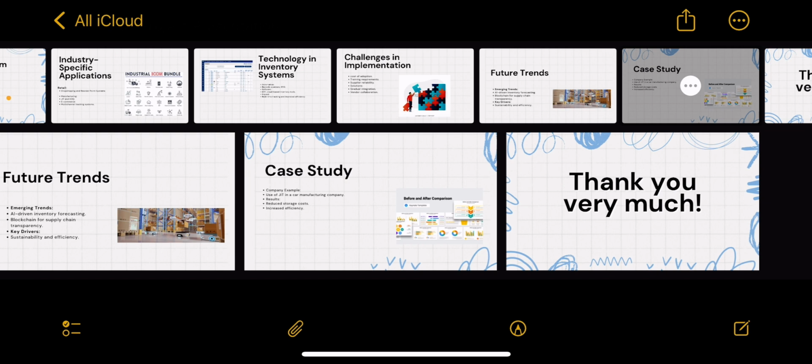We have to acknowledge another thing. For example, just-in-time inventory is an inventory model where materials and products are acquired only as needed for immediate production or sale.